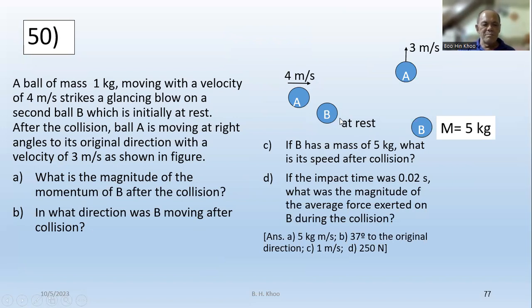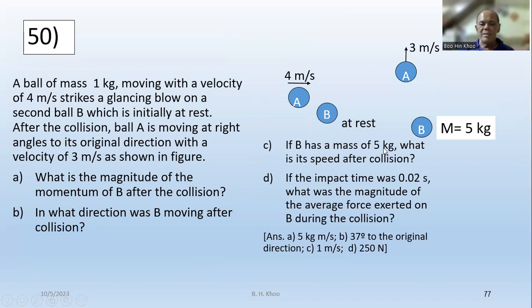After collision, ball A moves off at right angles to its original direction with a velocity of 3 meters per second, as shown in the figure. What is the magnitude of the momentum of B after collision? And in what direction was B moving after collision?